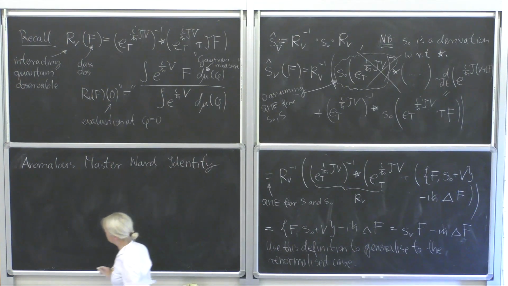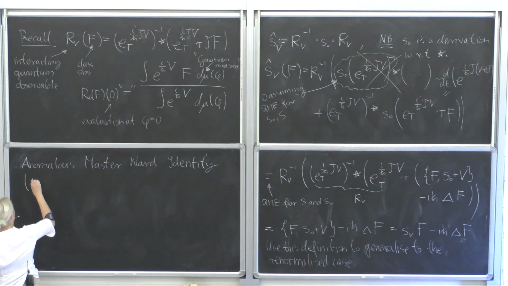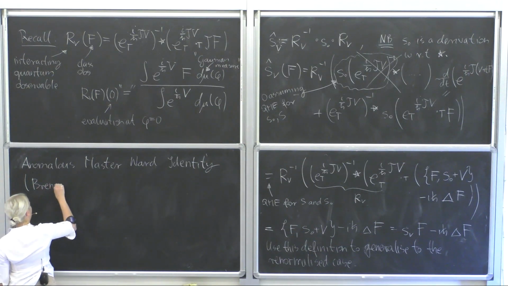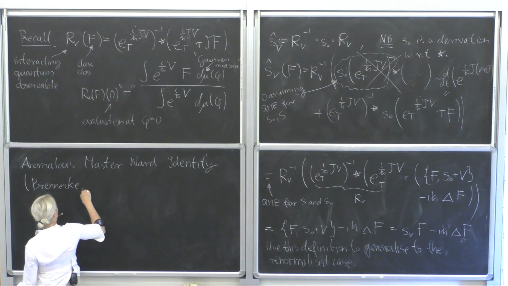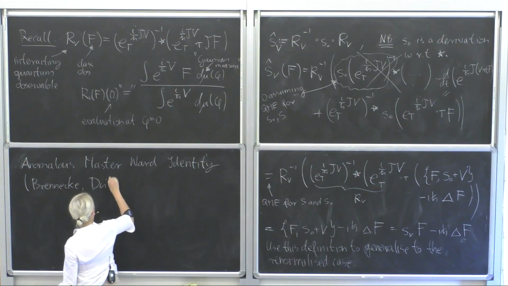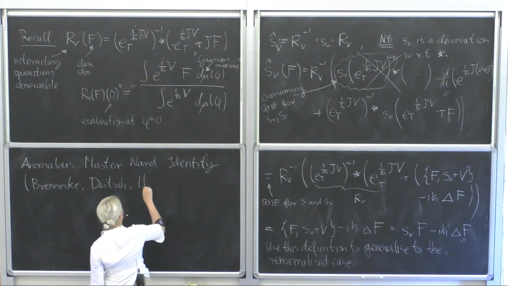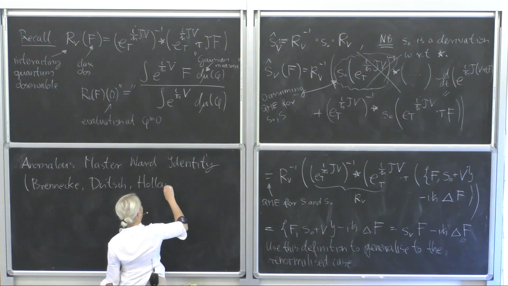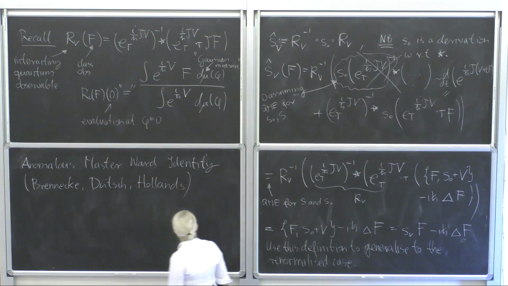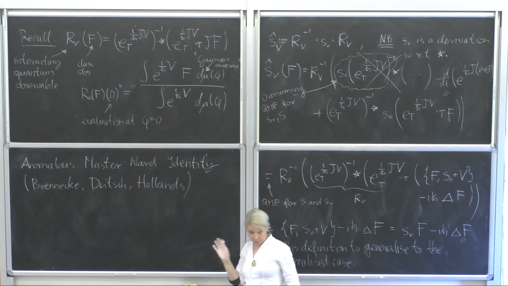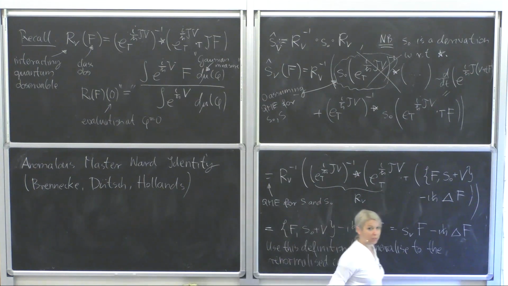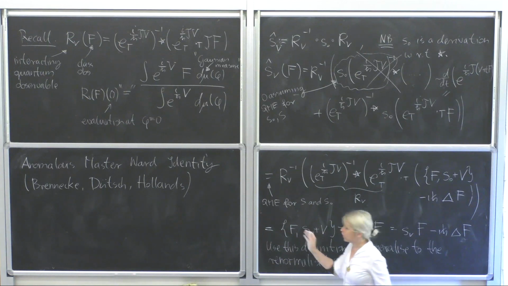So this was due to Brennecke, Dütsch, and later generalized by Hollands. And this says the following. I'm going to write it in my notation. This is not how the original papers write it.